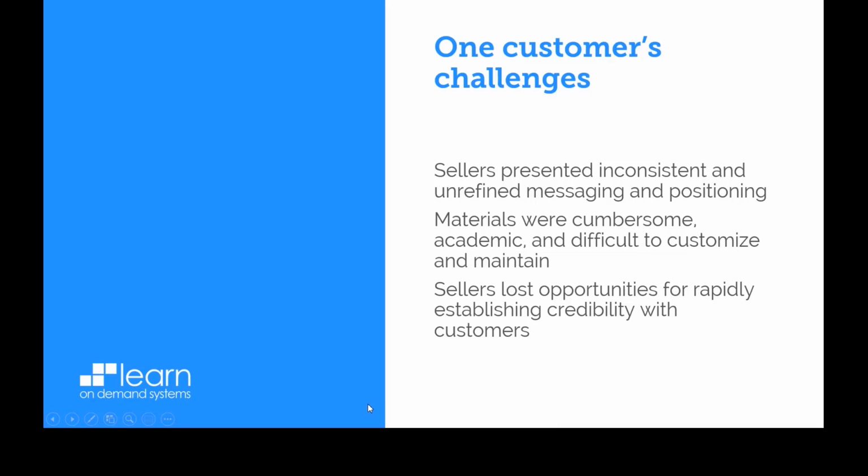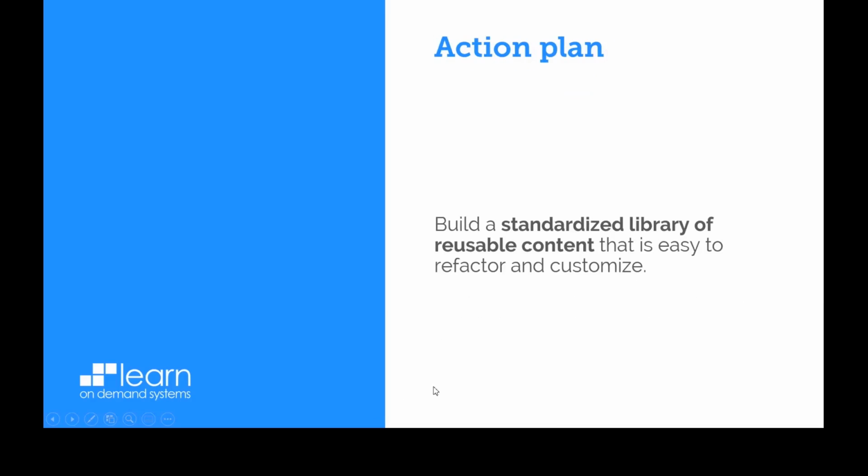So in the context of these challenges, we created an action plan with the enablement team at the customer to build a standardized library of reusable content. And it would be much more streamlined because we were finding that if people couldn't agree on a few things, how were they going to agree on a lot of things?